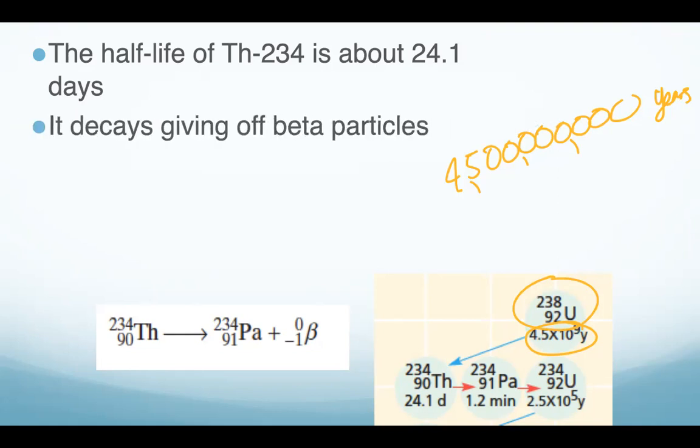So after 24 days, half of it is going to decay and is going to give off beta particles. So for beta particles, we do not decrease in atomic mass, that stays the same, but we do increase in atomic number by 1, because we've got the beta particle, which is basically a negatively charged particle.